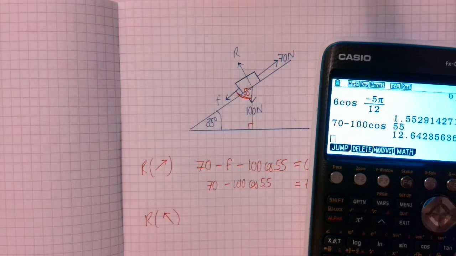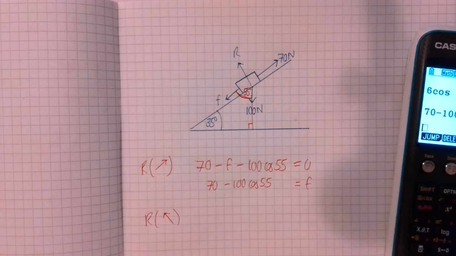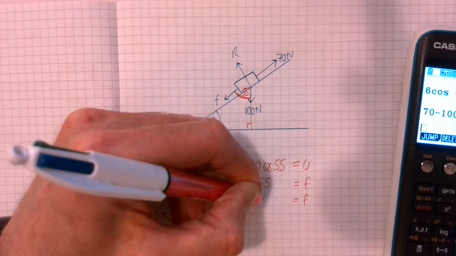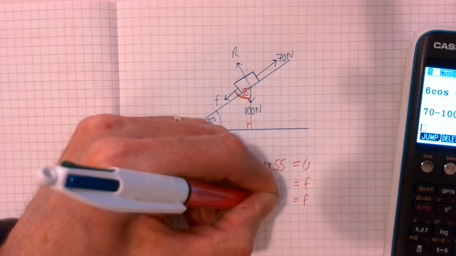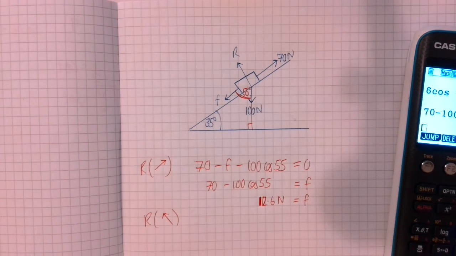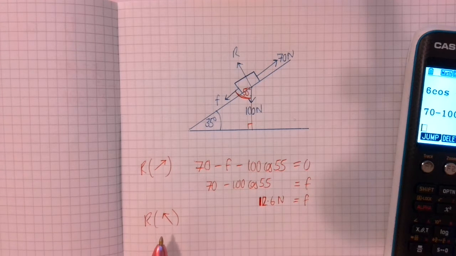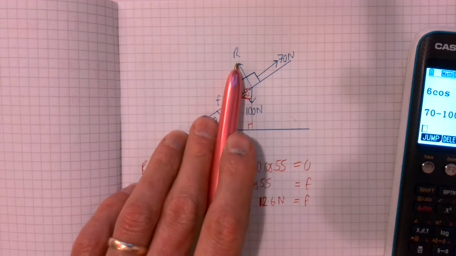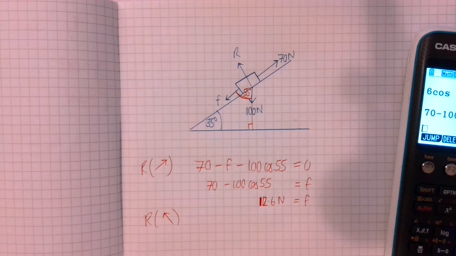So that gives me the size of the force that the boy is pulling down. So that's 12.6 newtons. Now actually we don't need to resolve perpendicular to the slope to work out F, but if we want to work out the size of this force, then we do.